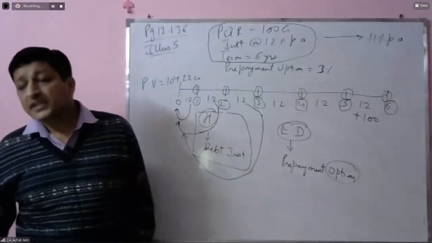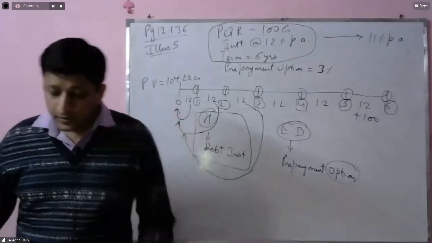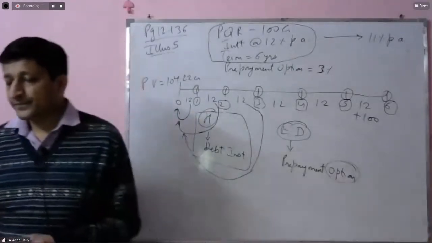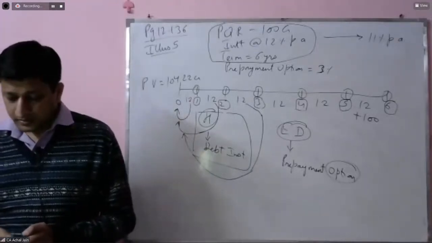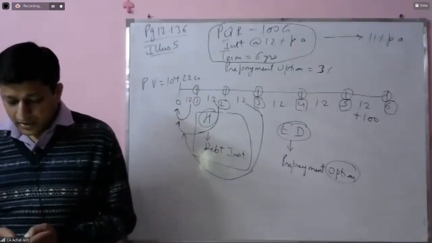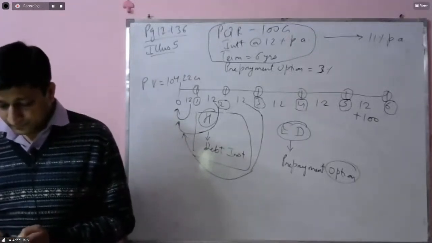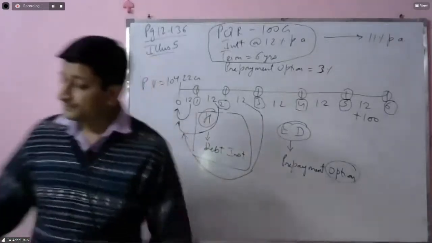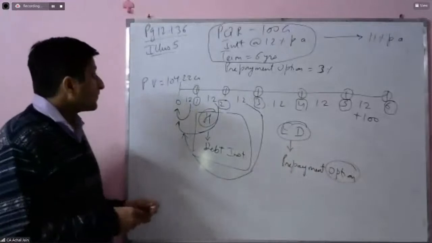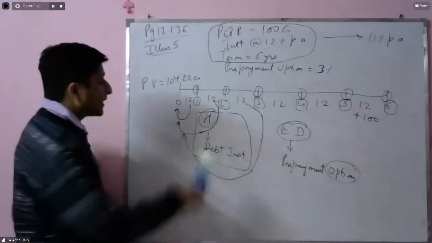Now on this present value, what do we do? On this present value, we will accrete interest. So let's accrete interest on this. Just 1 minute. I'll also solve this. So in the first year, what do we get?